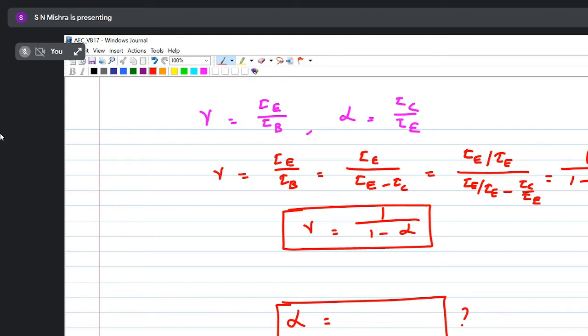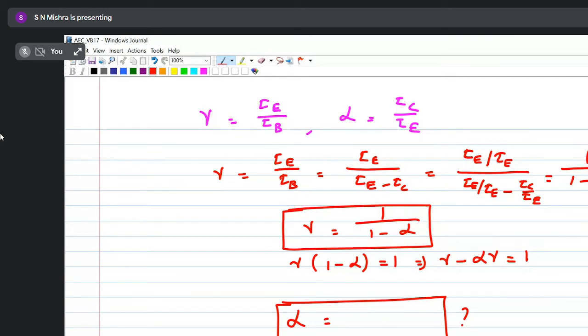Right, so now let's take an example where we could use this circulator and fiber Bragg grating. We can use this to design an add and drop multiplexer.